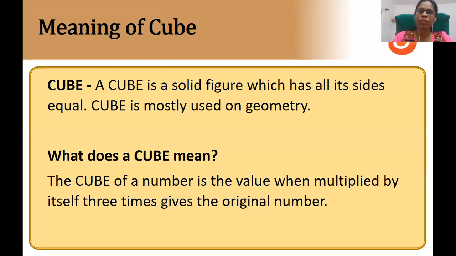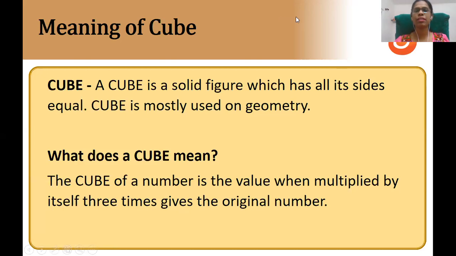Cube is a solid figure which has all its sides equal. Okay, you got it? Square is a plain picture. It's a sheet of paper, you can say, which has length and breadth all together.